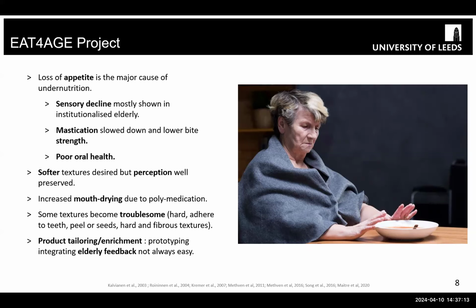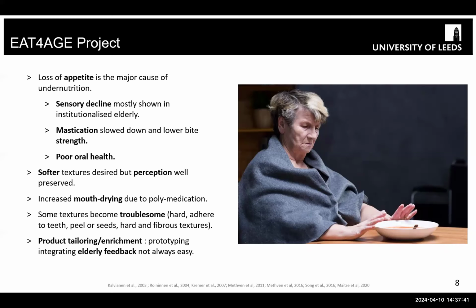There are also other factors such as depression, chronic disease, or even polymedication, that also play an important role in the loss of appetite in the aging population. All these age-related changes can influence oral processing, and of course the sensory experience that we have.